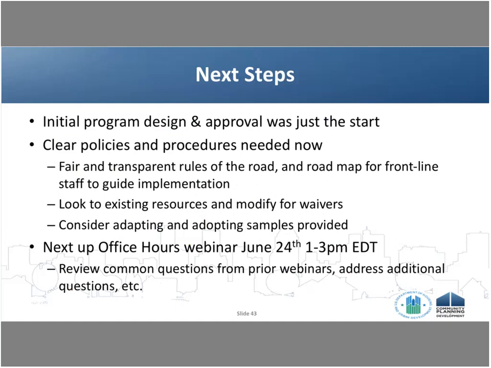Look to the existing resources you already have, for those of you that are running TBRA programs, and modify them as needed for the waivers. We will be providing some samples, hopefully a couple next week and a couple shortly after that.